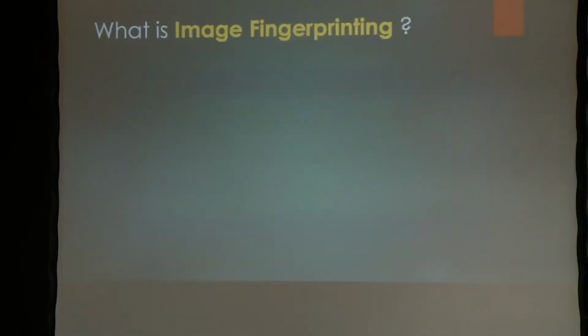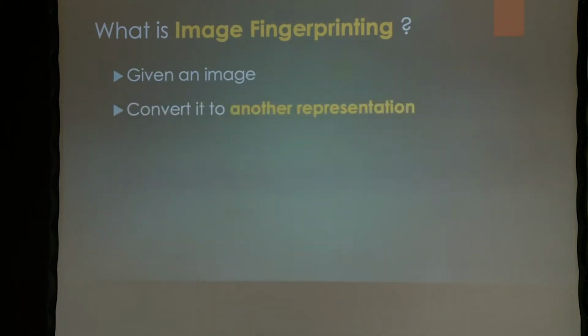Now, image fingerprinting is in the title of the topic. So I'm going to give you a very brief overview of what fingerprinting, and specifically image fingerprinting, is. First, given an image, we need to convert it to another representation, extract something from it, given a file of an image, make another file that is different.